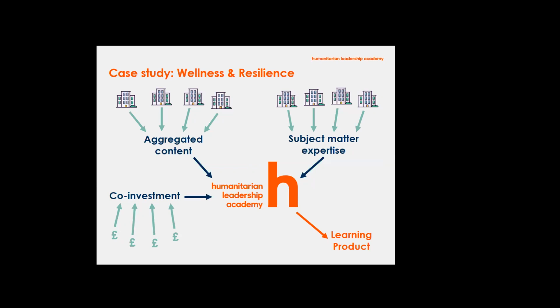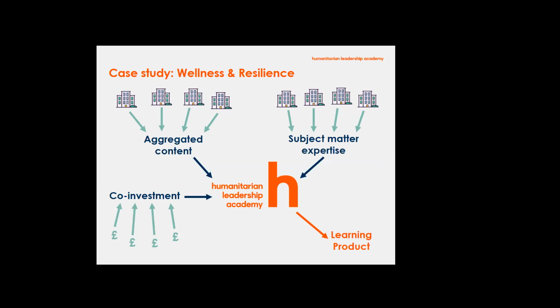What we find very often is that there's a lot of great knowledge out there in the world, but it's not necessarily already in a way that can help people easily access that learning. So it might be a 20-page report or a PDF file, which may be accessible for some, but for others, it might be quite a different story, harder to interpret, particularly if it's not in their first language.